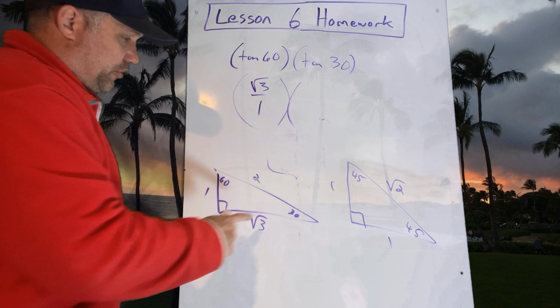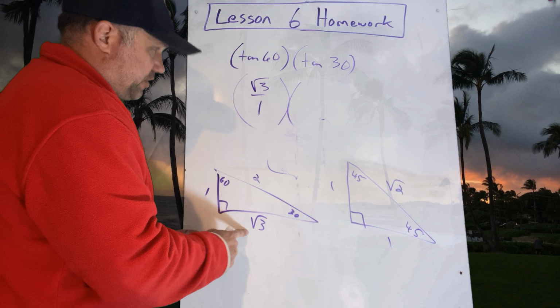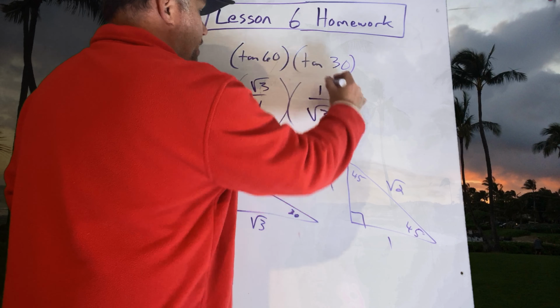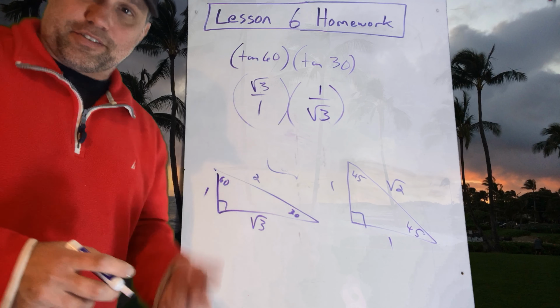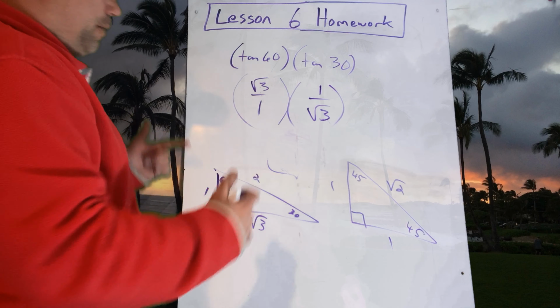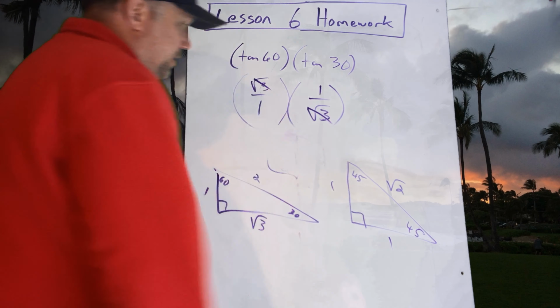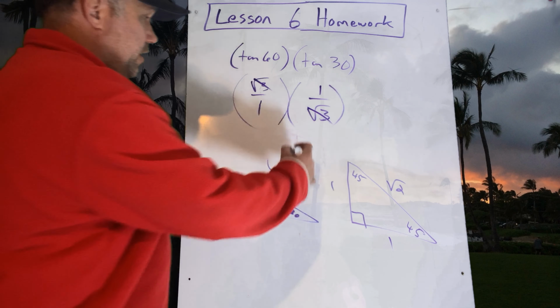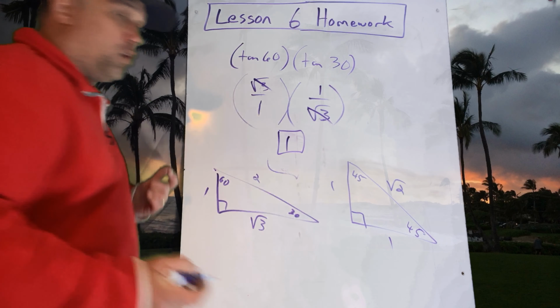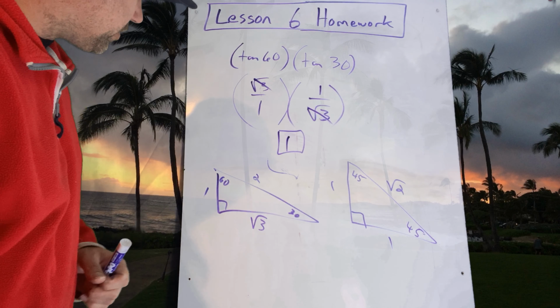The tangent of 30, opposite over adjacent, is 1 over radical 3. And using our rules of fractions that we talked about in 7, 8, remember we can reduce diagonally if we want to do multiplication. So these radical 3's will actually cancel out, and I'm left with just 1 over 1, or 1 as my answer. So there was that one.